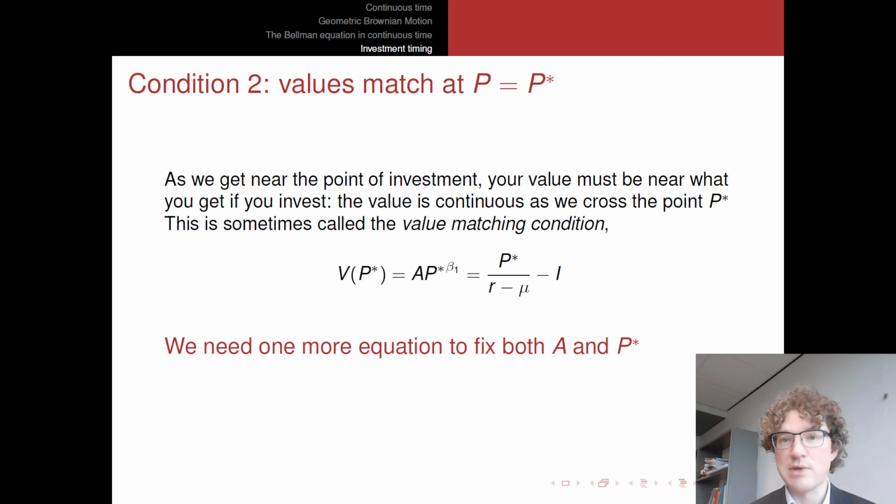But we have two things that we need to set, so one equation is not sufficient to figure out both a and p star. We need one more condition, and this other condition is related to our choice being the optimal choice. That's going to be this smoothness, differentiability.